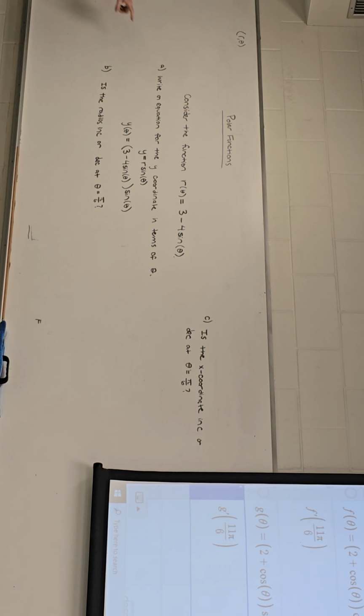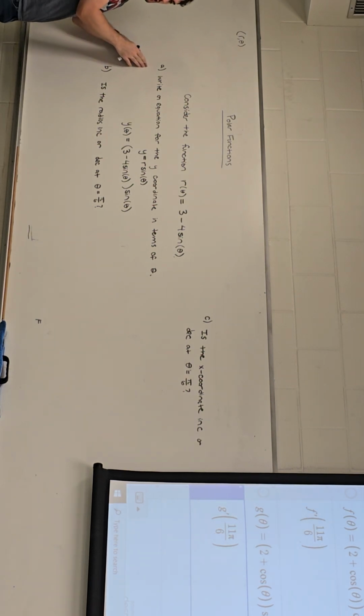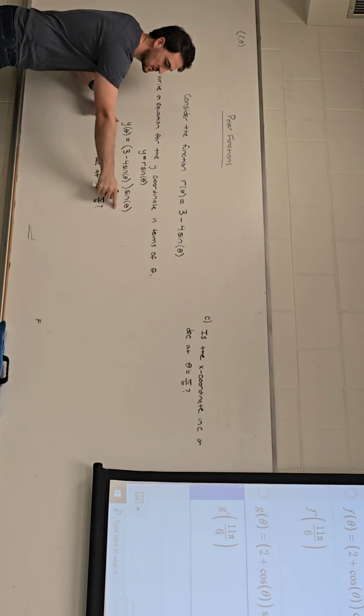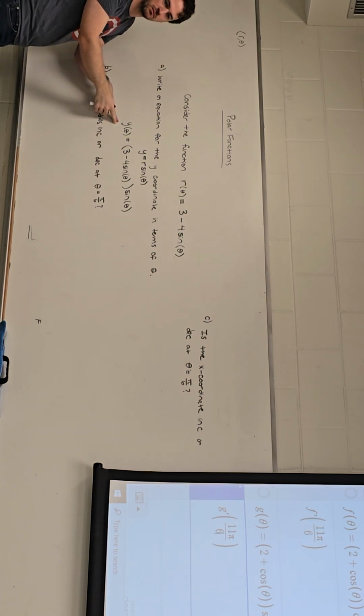Very similarly, it could ask you something like, what is the y-coordinate when theta is pi over 6? Then you would write y equals something in terms of theta, then you just plug in pi over 6.